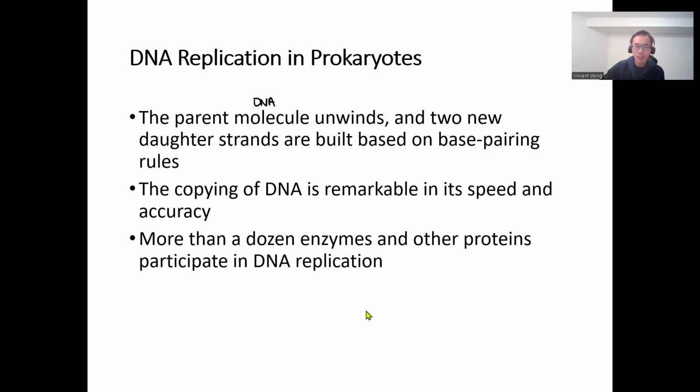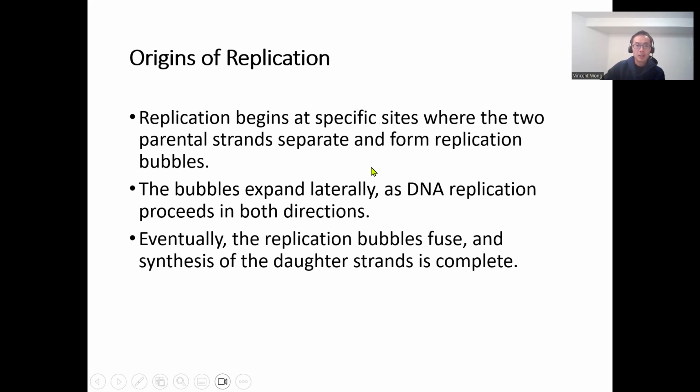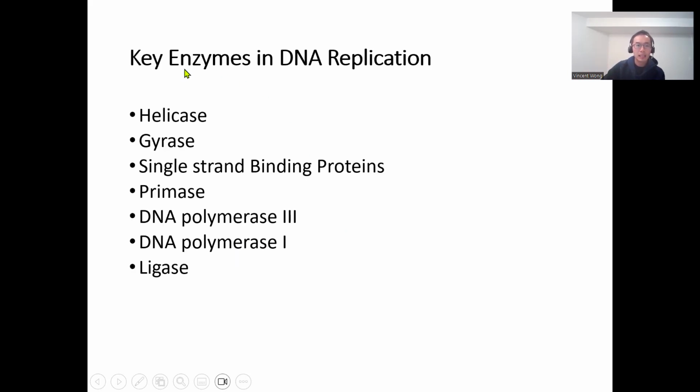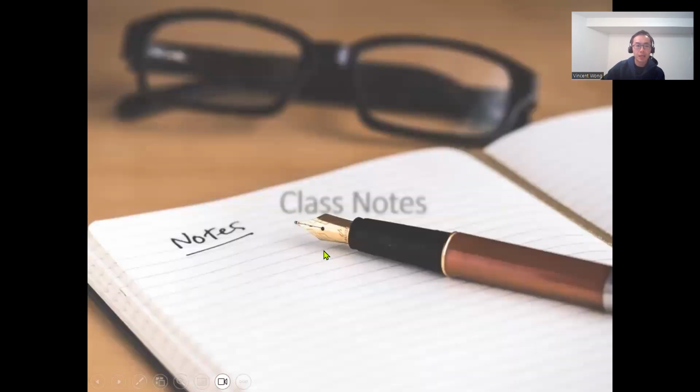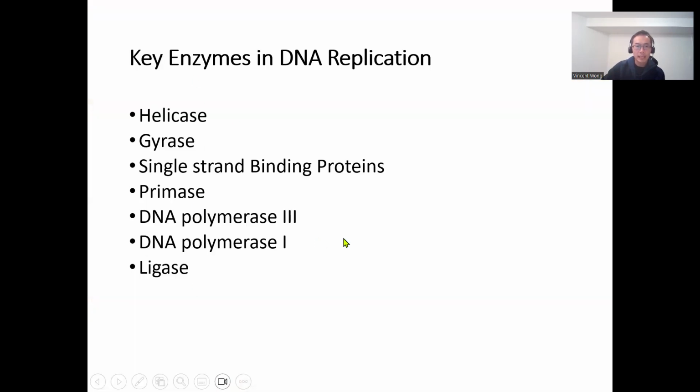So the process is complicated and it involves a bunch of enzymes and proteins to get it done. So let me show you the origin of replication in a picture later on. And then this is a list of enzymes that are going to be playing a role in the process.